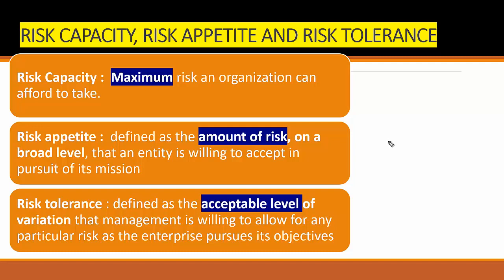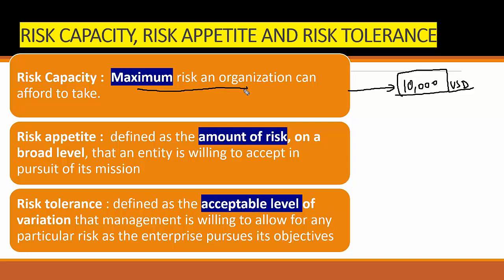Let me first explain with a layman's term. Risk capacity is like you're getting a $10,000 salary every month. Okay, $10,000 salary you withdraw every month. That is your risk capacity. That's why I said it is the maximum risk the organization can afford or the maximum risk one person can afford.